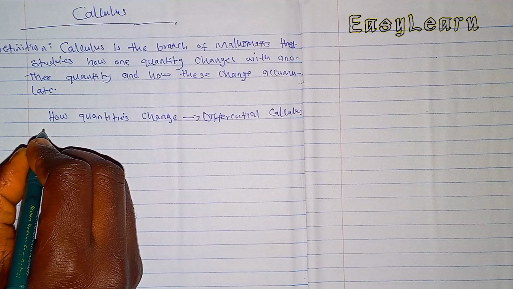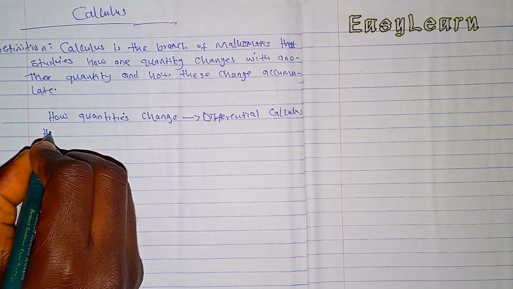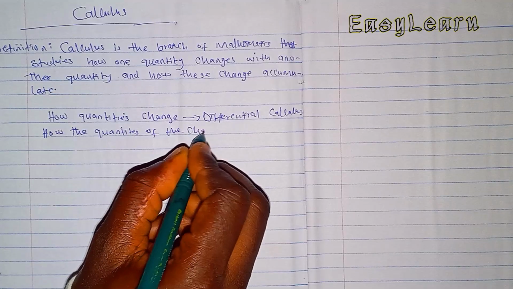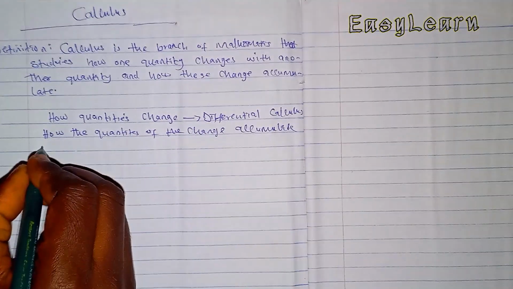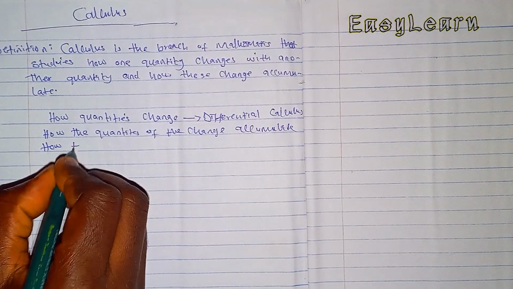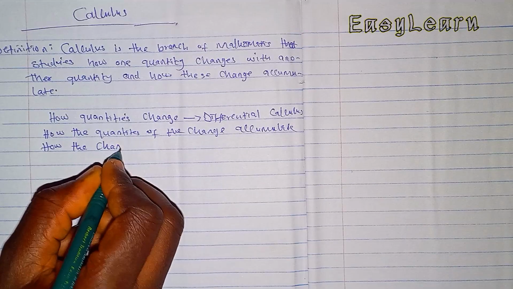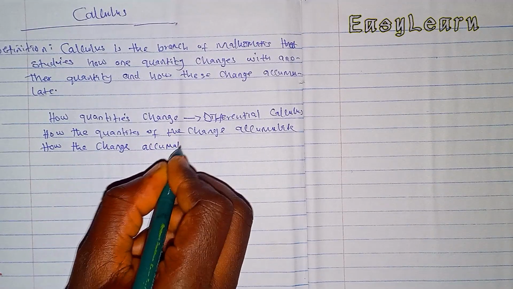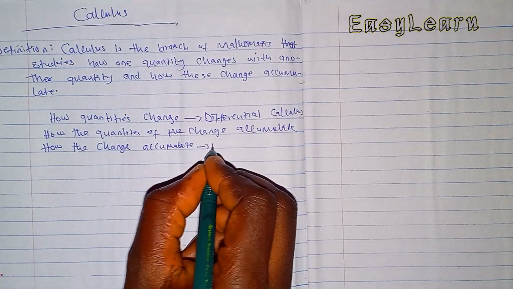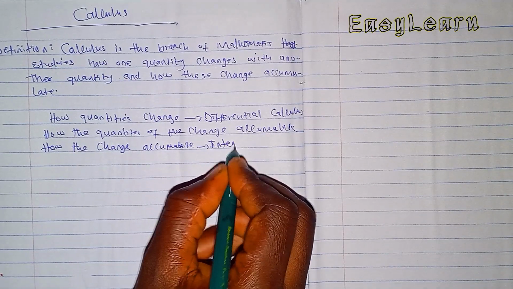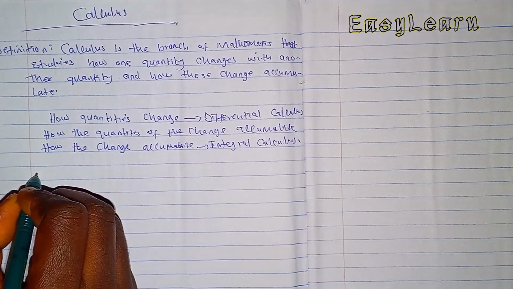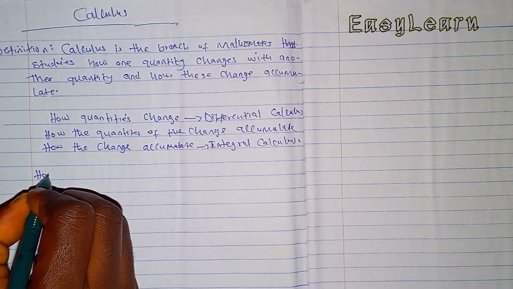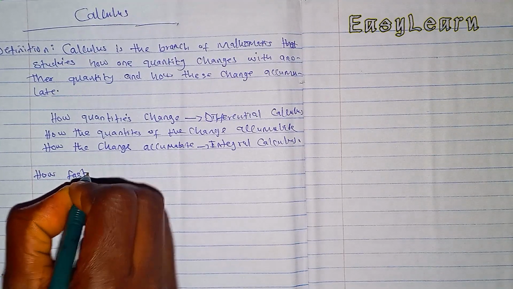How the change accumulates is what is called integral calculus. How fast is it changing right now is what is called differential calculus.